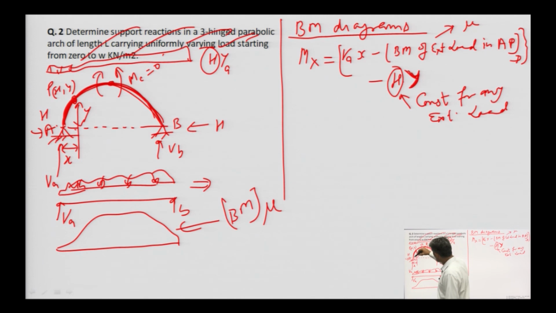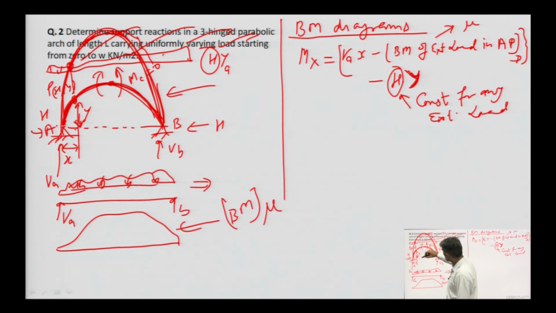If every ordinate of this arch is multiplied by the value of H, then we get this slope. Say this one ordinate, after multiplying, comes to this point. So, we have this type of diagram.